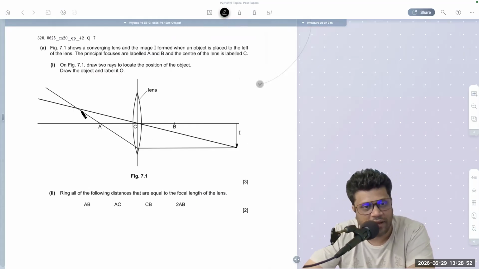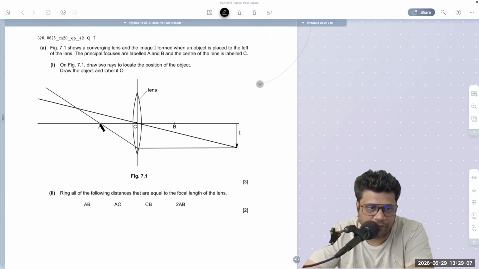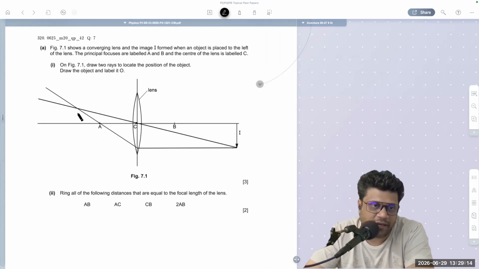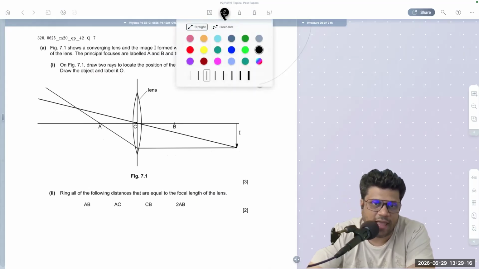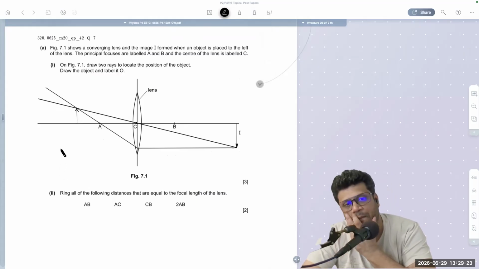Rule number one, a ray of light coming through the optical center of the lens must have gone undeviated. A ray of light must have come parallel to the principal axis if it had come from the focus itself. That is why these two are the correct rays, and these two will help you create the object in this diagram. That's where the object is going to be.